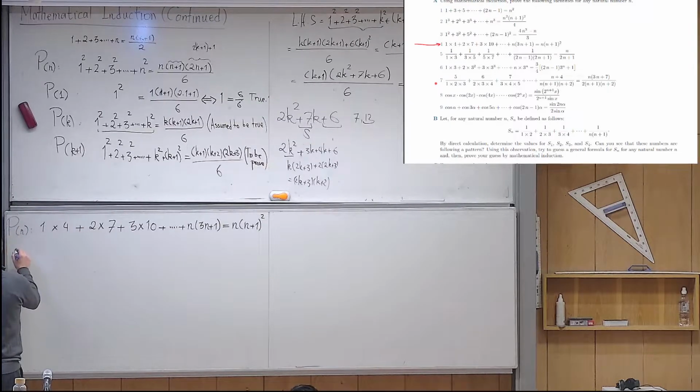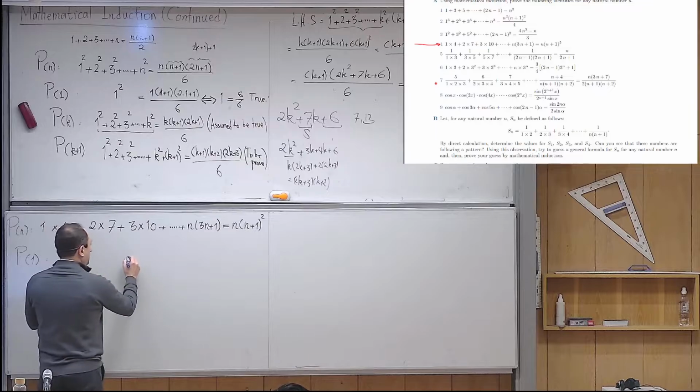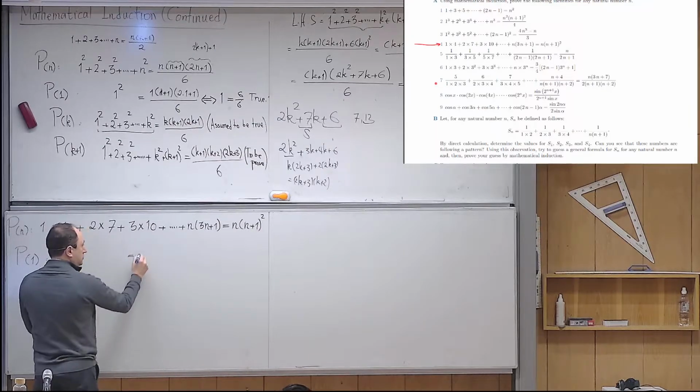The first thing that you need to do, you need to evaluate the truth of this for n equals 1. So this means that you have to rewrite your statement for 1 to see if it is true or false. How should I write my statement for 1? I have to replace n with 1 and follow the pattern. Replacing n with 1 on the right-hand side is extremely simple.